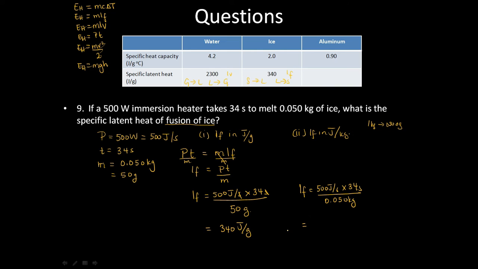You have 500, times 34, divided by 0.05, and that gives us 340,000 joules per kilogram.